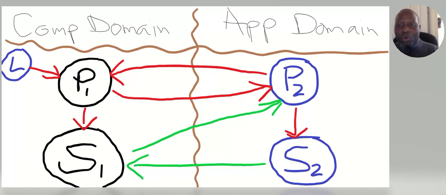The role of S2 is to evaluate S1. So you apply S1 to P2 to come up with S2, and then evaluate to what extent S1 can be functional in the real world, right?